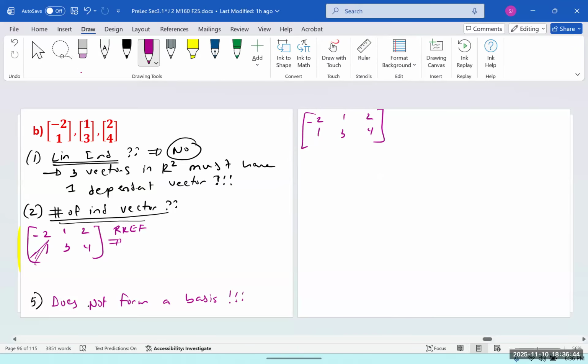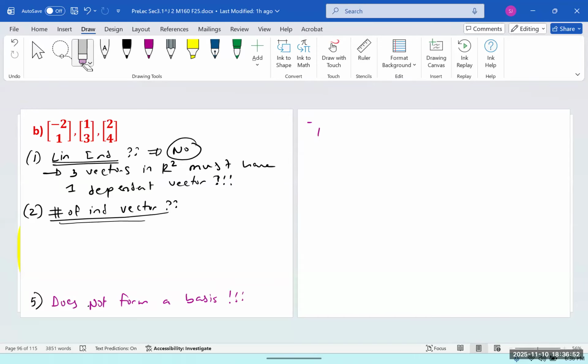There's actually an easier way, and I taught you that in our last class. Anybody remembers? If you have more vectors than the dimension of the space, how do you figure out? One of the easiest methods is, let's say you're taking these two, 1, 3, 2, 4.